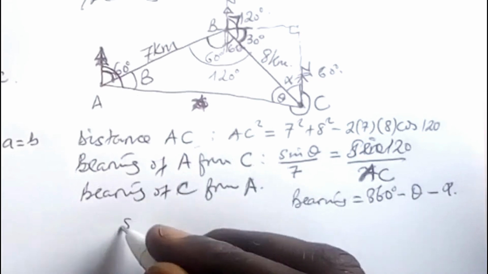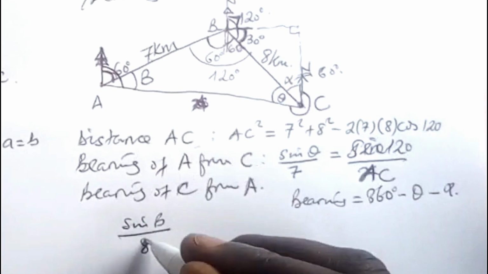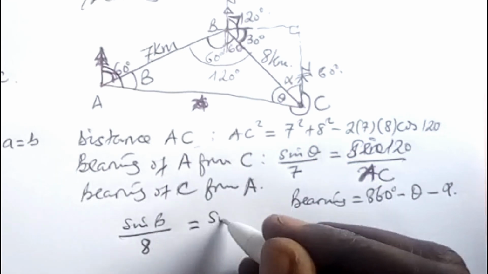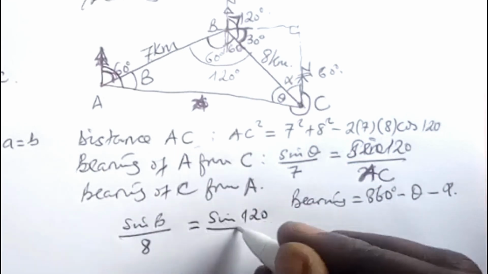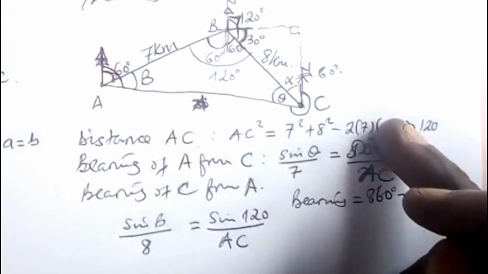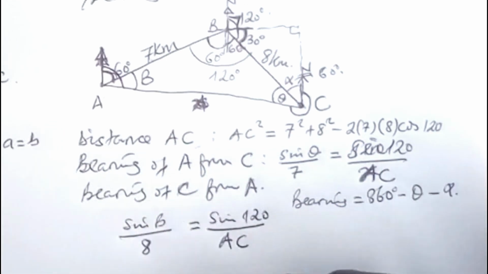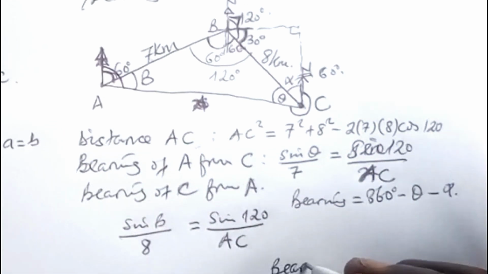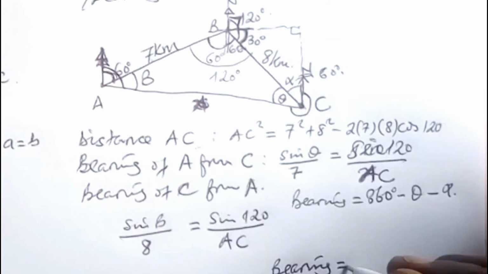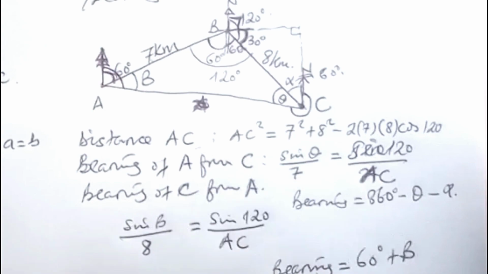I can be talking of sine beta over the side opposite that angle, which is 8, should be equal to sine 120 over the angle opposite, which is AC, obtained up. Cross multiply and solve for beta, and then that bearing would be 60 degrees plus beta. Solve for beta.